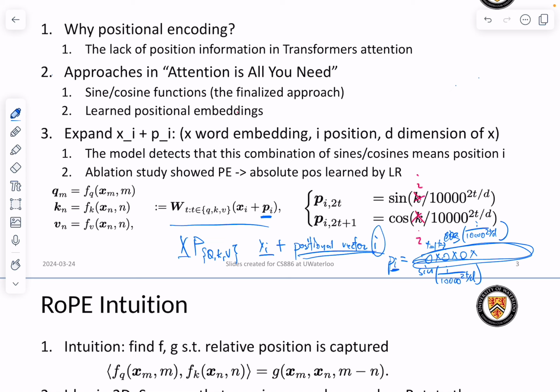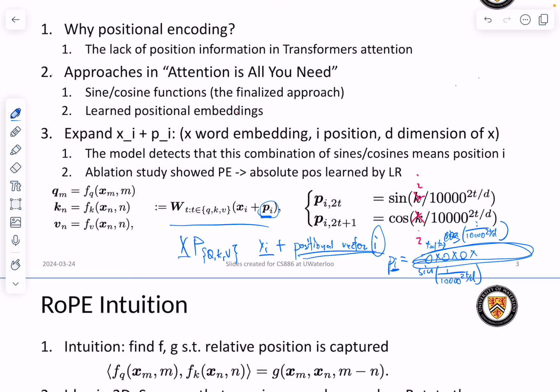Before we feed it into the attention part, we want to add some signal so the attention part can know that, hey, this is maybe the ith position, because we've detected some signal here with the addition of pi.